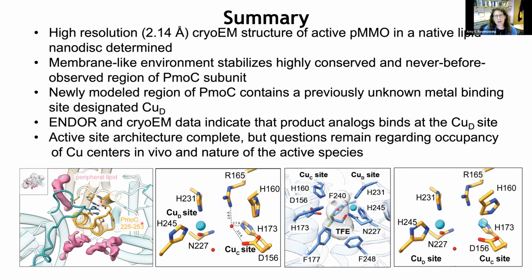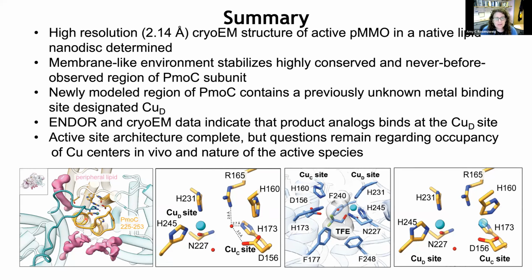That region contains a previously unknown metal binding site that we've designated as copper D. And our ENDOR and cryo-EM data combined indicate that product analogs bind at that copper D site. So with all of those data, our picture of the architecture of this region is complete.